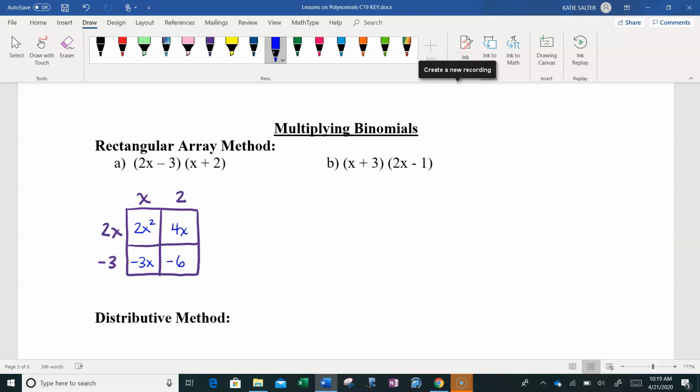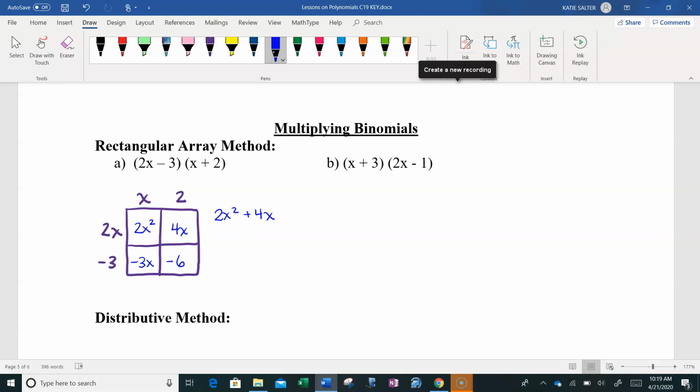After we multiply all our terms together, and y'all can see how there's 4 multiplications that took place, we want to combine like terms. So one way you can do this is just copy your rows right outside of your box. So in the first row I have 2x squared, and then plus 4x because that's positive.